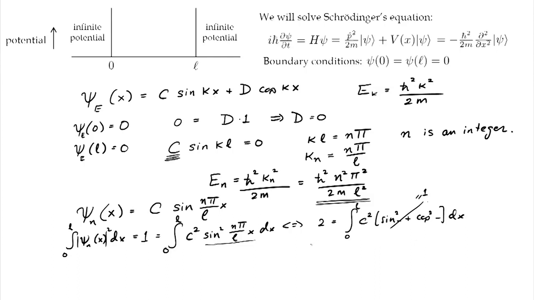And so that means that 2 is equal to c squared L, which tells us that c is equal to the square root of 2 over L.